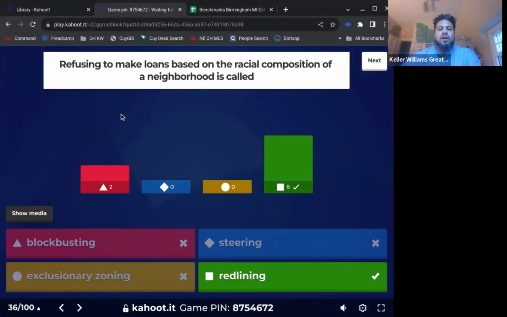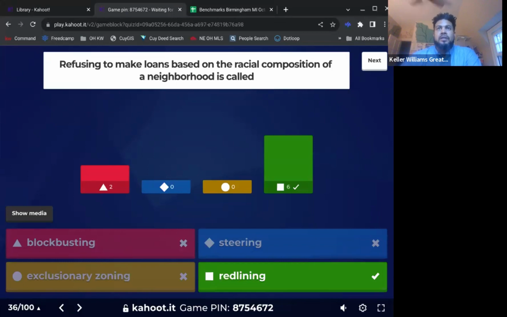Remember, redlining is always about loans. So redlining is only about loans because it was about loans being secured or insured, and they would not insure loans that were given in communities based on racial composition.